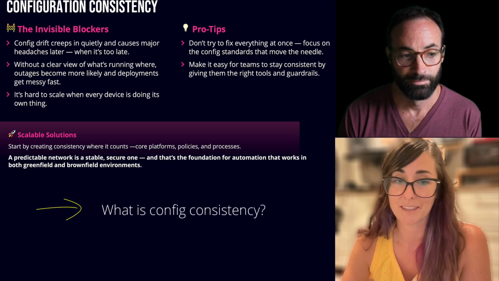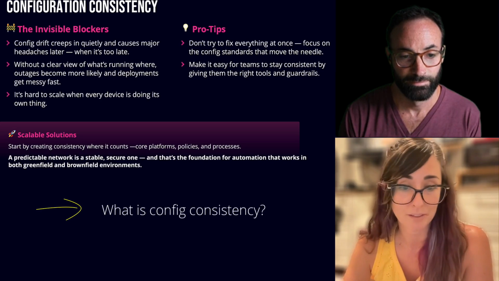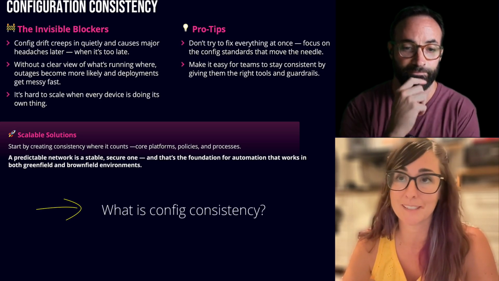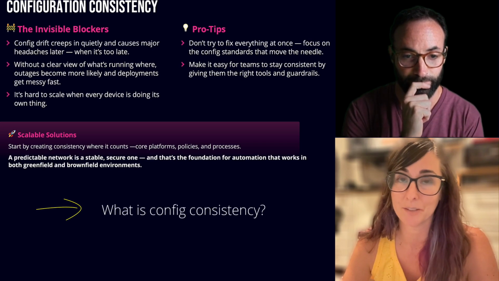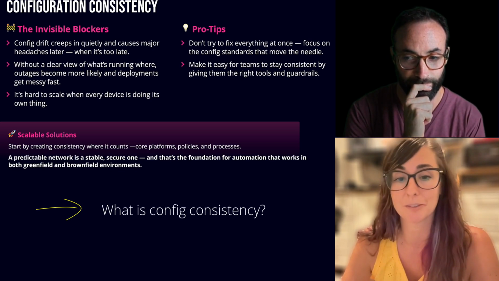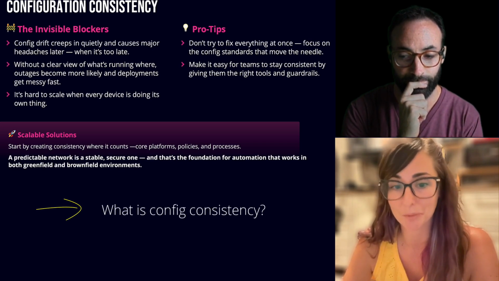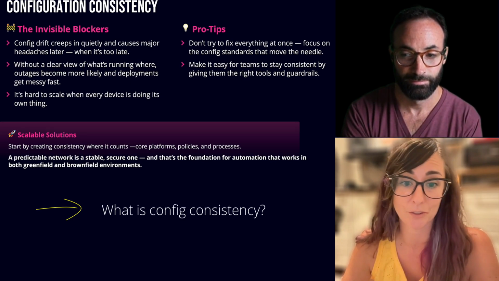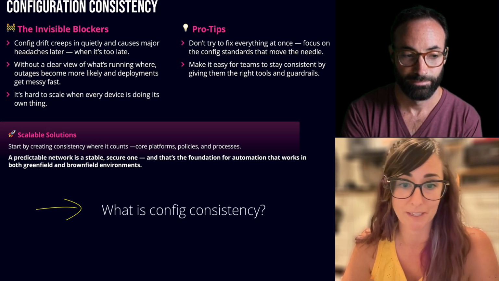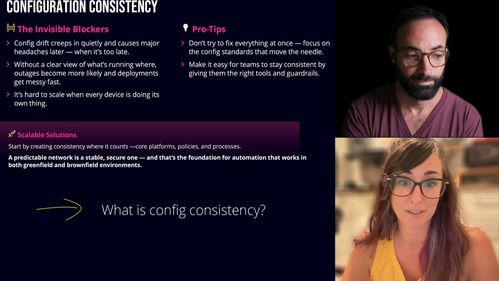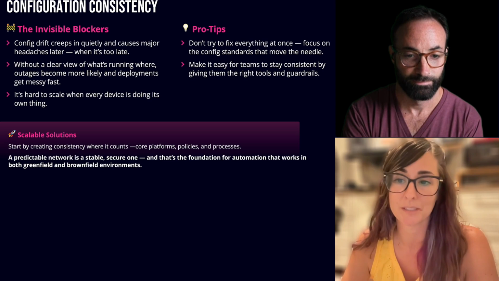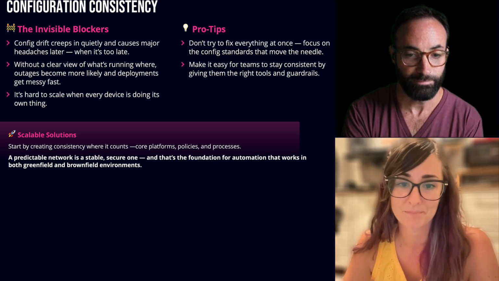So from our perspective, what we're seeing with our customers is that config consistency, if it was only isolated to a single device type and a single role in the network, would be one task. And then when you take a bird's eye view at the diversity in the network and infrastructure today, it becomes even harder. So we see a lot of our customers struggling with this issue.